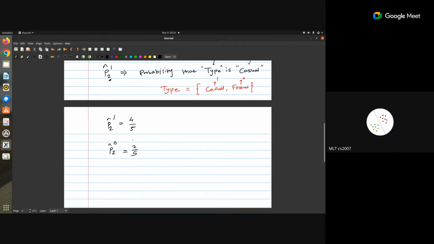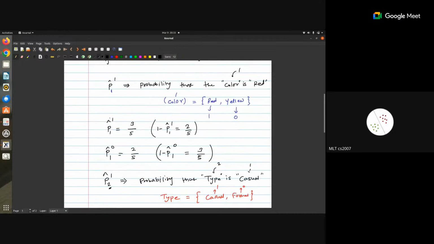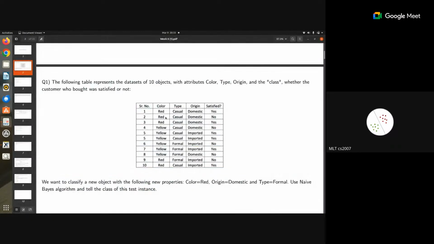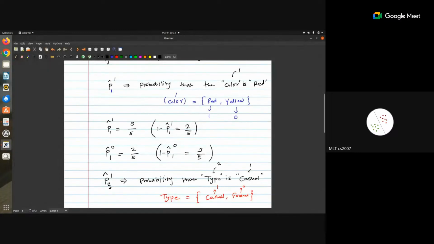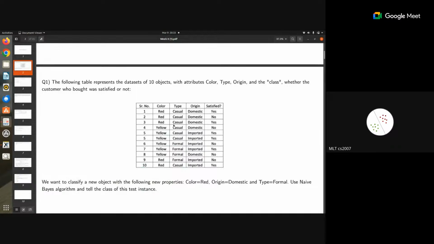Okay, so can we read it again? P1 hat 1 is the probability that when the label is 1, red will occur. P hat 0 1 means that when the label is no, what is the probability that red will occur.